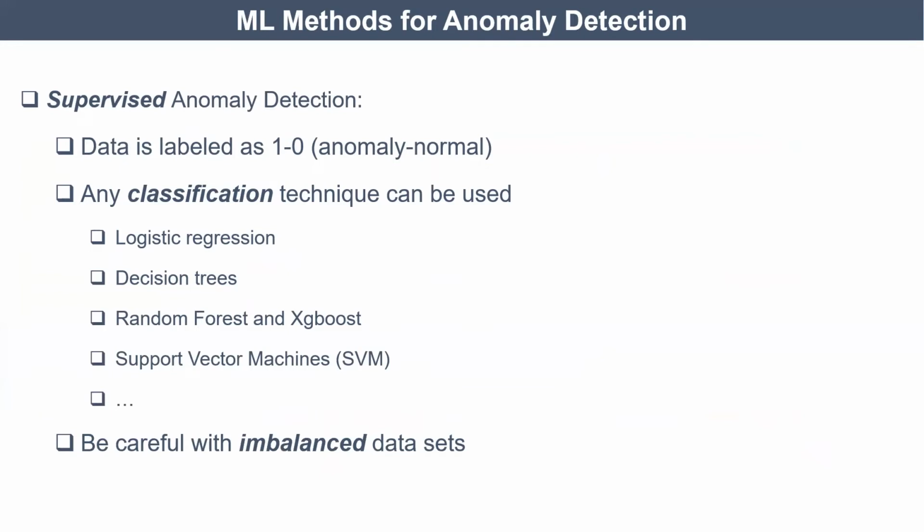But we need to be careful about imbalanced data sets in this case, in terms of two things: maybe in terms of the performance measurement metrics of the model, and also, sometimes people do upsampling or downsampling methods to get rid of the imbalanced data set, which is very typical in fraud as well.